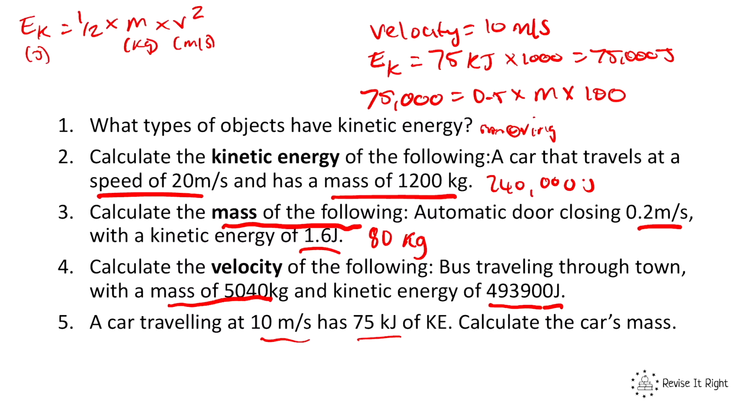And now we need to get our mass on its own. So we can do 75,000 divided by 0.5, and then divide that by 100. And that gives us a mass of 1,500 kilograms. So the mass equals 1,500 kilograms.